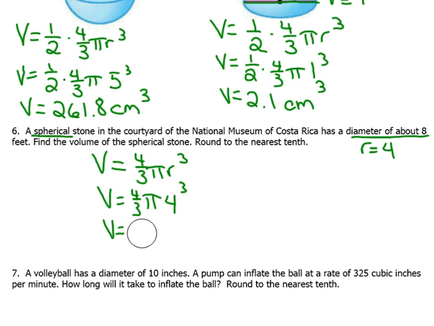It tells me to round to the nearest tenth, so again, we have to make sure we're always following our directions. That gives 268.1 feet cubed.